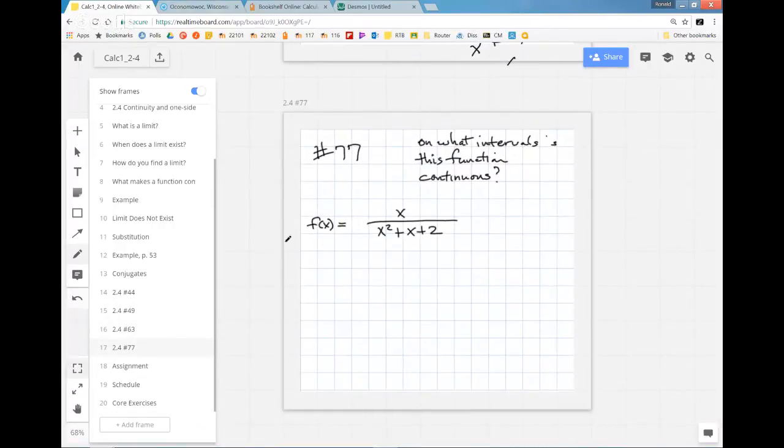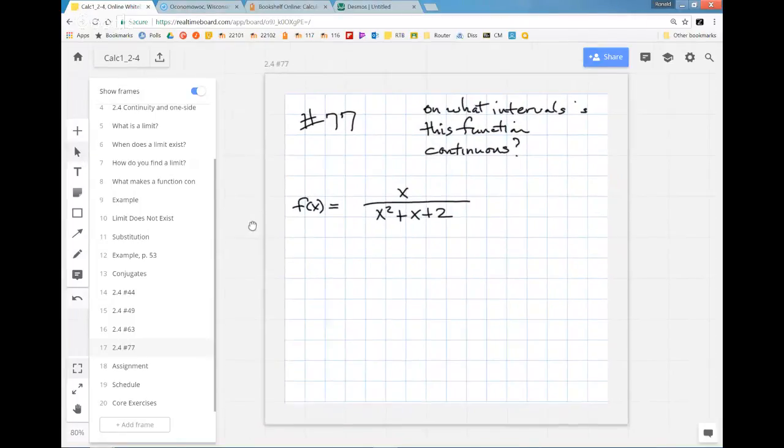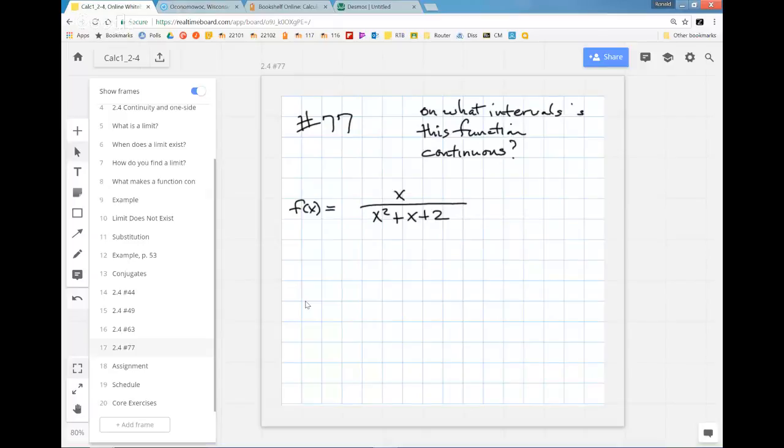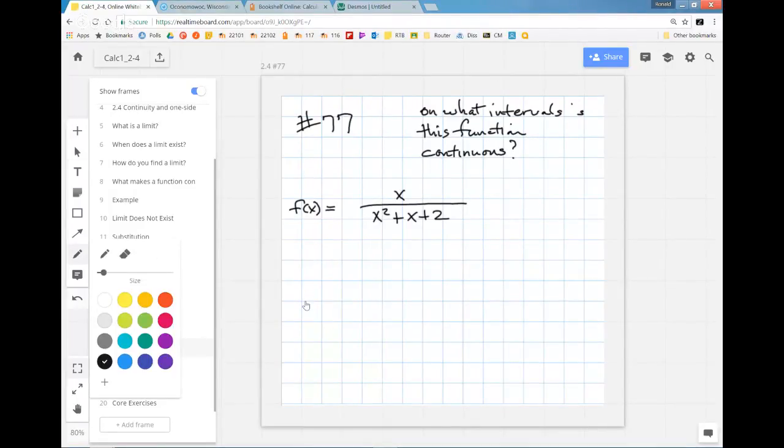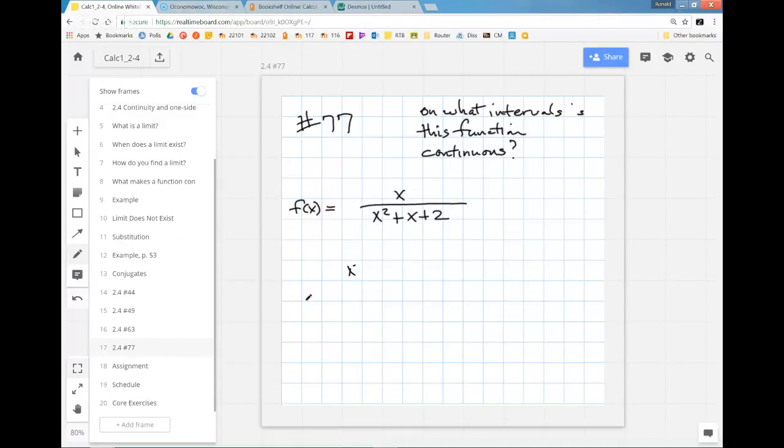Let's take a look at number 77. Here we have, okay, on what intervals is this function continuous? The question is, when might that denominator be equal to 0? If you can't tell, you can always find out by setting it equal to 0 and finding when that terrible situation would occur.